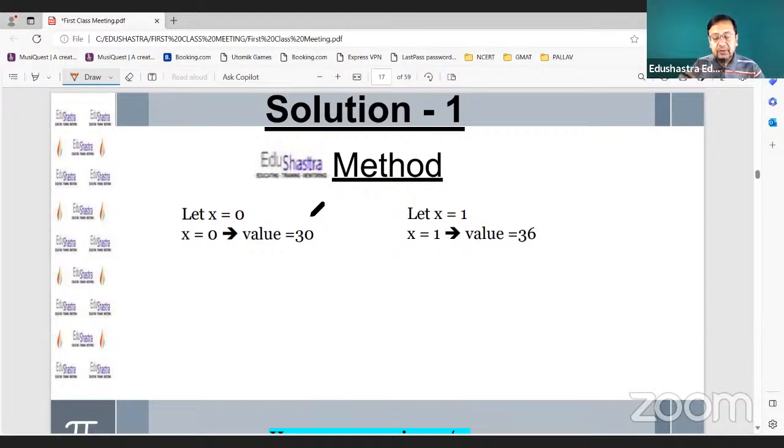When you solve the question logically, you will be very quick, very fast, and you can get the absolutely correct answer. So this is the Edushastra method of solving questions. Okay, now moving next.